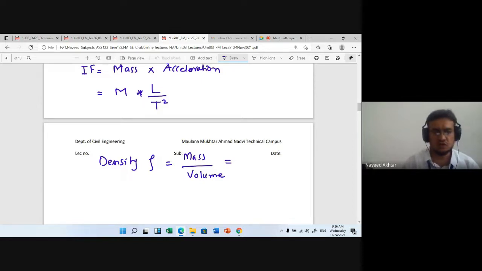So mass is nothing but rho into volume. Rho is your density.